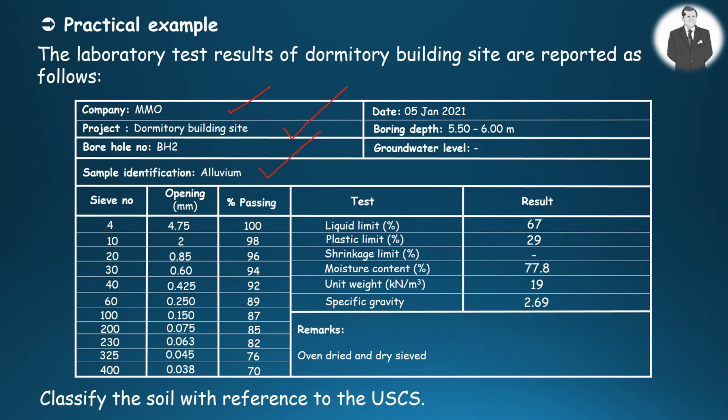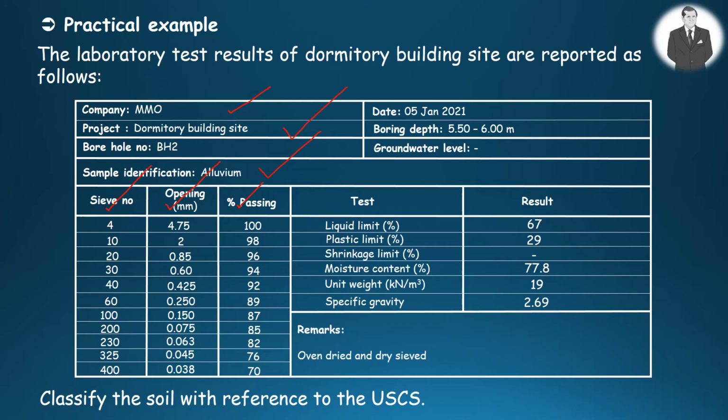In the first column, you have also sieve number. In the second column, the openings corresponding to each sieve and the percentages passing each sieve as a result of sieve analysis.